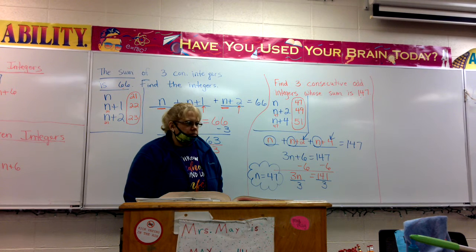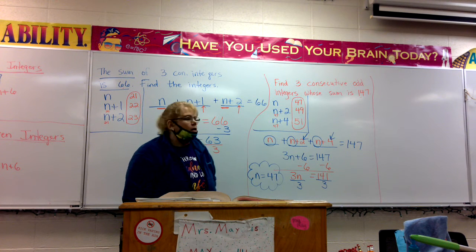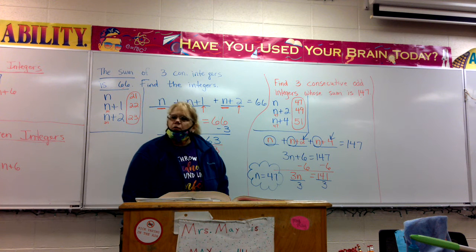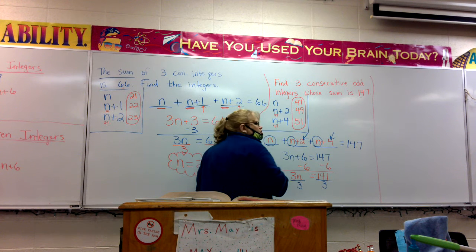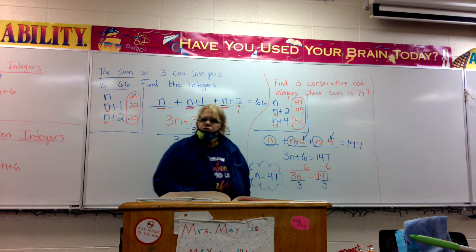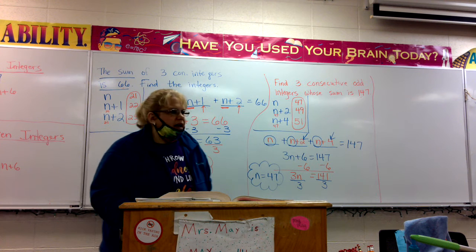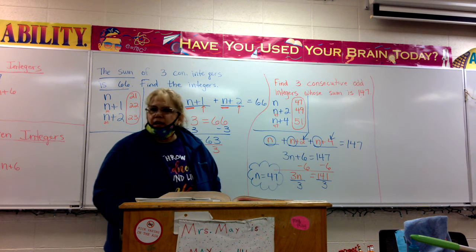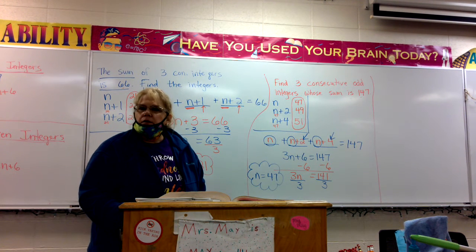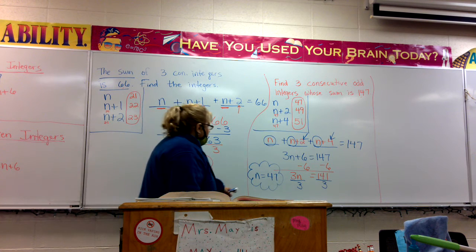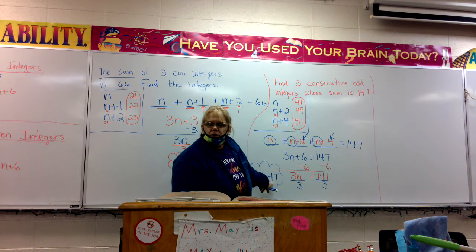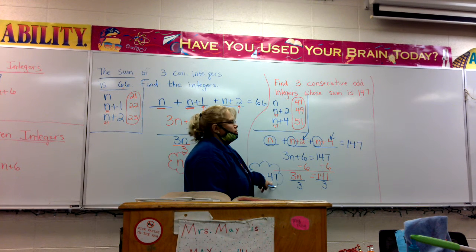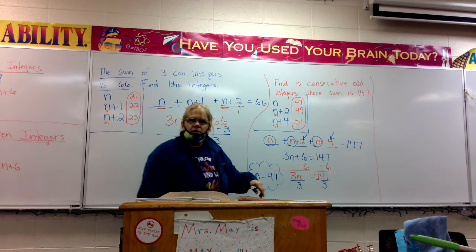Anybody with questions? Sort of makes sense? One thing I wanted to point out: we are finding integers. Those are like whole numbers: 5, 6, 7, -1, -2, -3. If you work it out and you get to this point and you get 47.2, is 47.2 an integer?